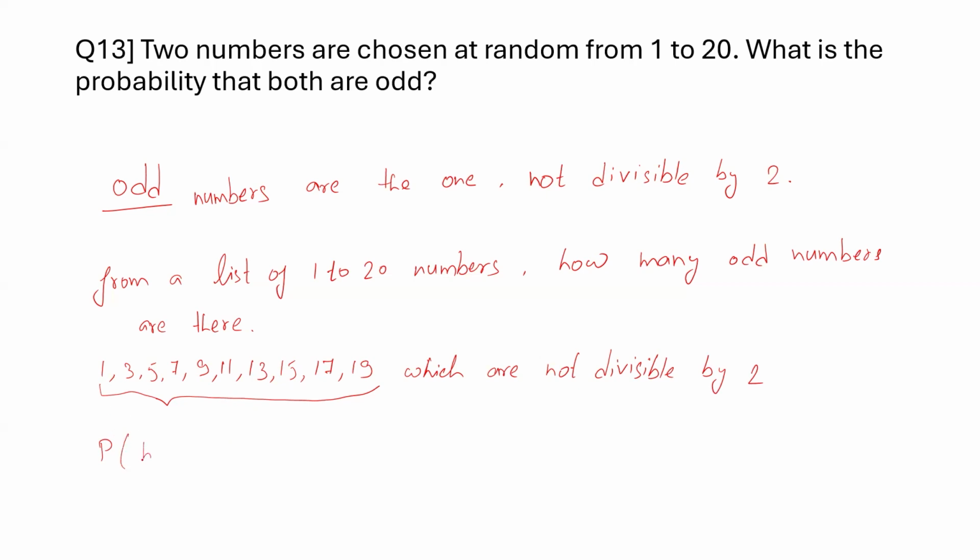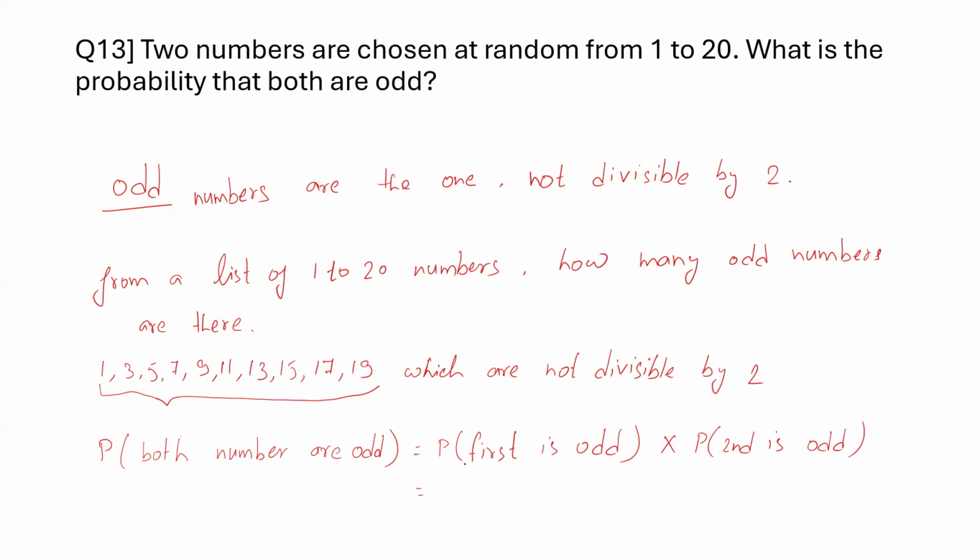So both numbers are odd. Again, consecutive probability. What is the probability of first is odd times probability of second is odd? That is how you have to compute it.